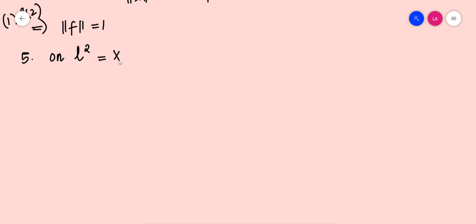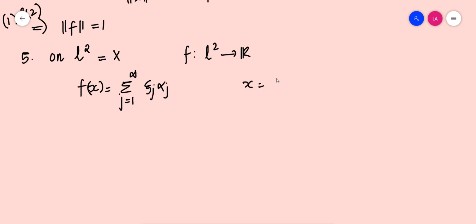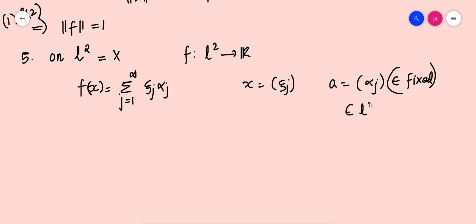Here the space X is L2, and our linear functional f is defined as f from L2 to R, by f of x equal to summation j is equal to 1 to infinity theta j times alpha j, where x is the sequence theta j and a is the sequence alpha j, which is fixed, and both of them belong to L2.